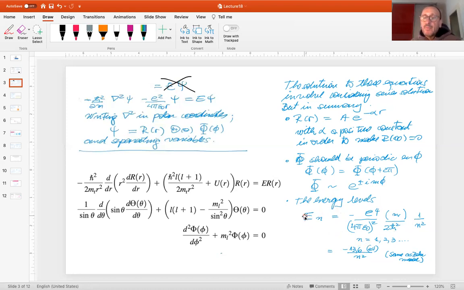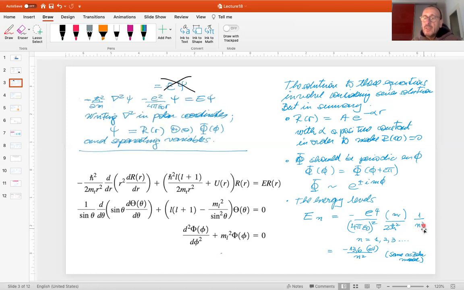So the energy levels for the hydrogen atom are a constant, which is e to the fourth times the reduced mass, I wrote the reduced mass just in case, over 4 pi epsilon naught squared, 2 h bar squared. Everything here is well known: the mass of the electron, the universal constants, and the charge of the electron. And this here is a number, 1 over n squared.